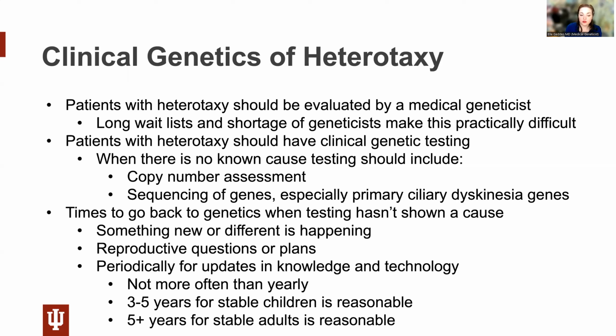And for more stable adults, sometimes more like 5 to 10 years might be appropriate. And so those are the things that I try to think of, and I think are important, for the clinical genetic assessment of patients with heterotaxy.